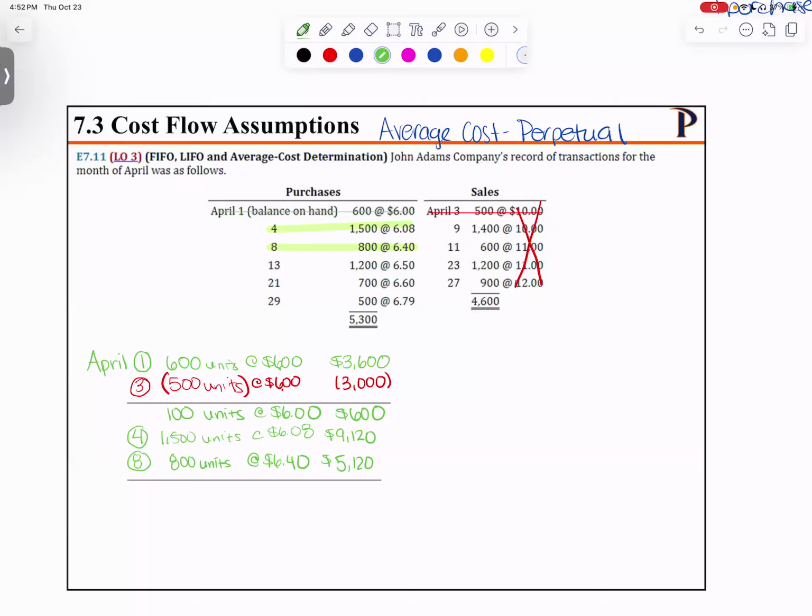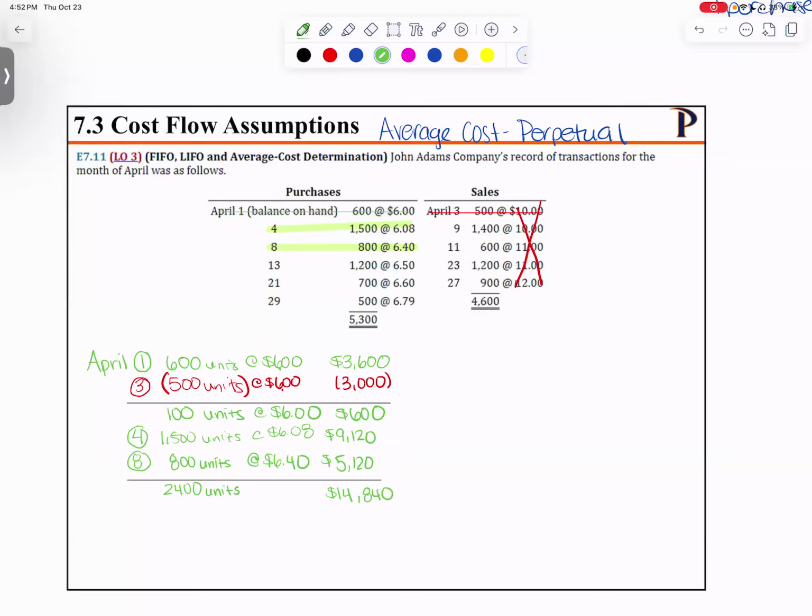If we take our total number of units, we have 100 units remaining after our first sale. We add 1,500 for the purchase on April 4th and add another 800 for the purchase on April 8th. We have a total of 2,400 units in our inventory at this time. And if we add up the total cost of those units, we'll have a total cost of 14,840.